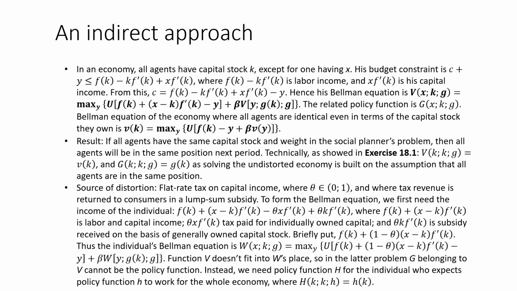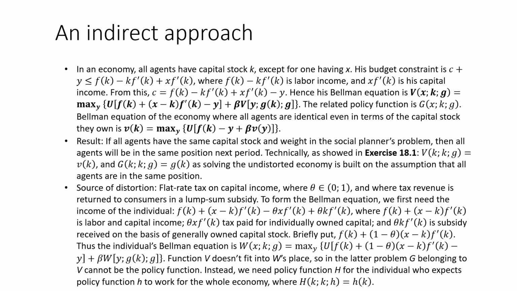We can find a related policy function, capital G, which describes the optimum behavior for this agent as the function of his own capital stock, the capital stock owned by other agents, and the expected policy function.